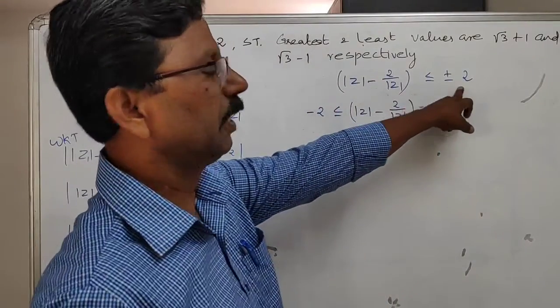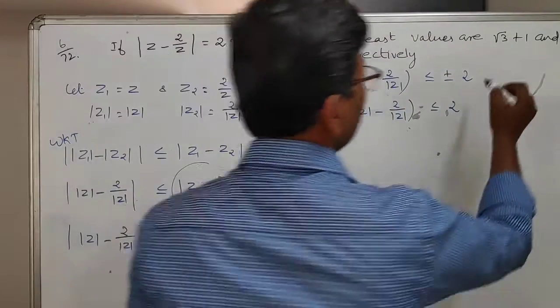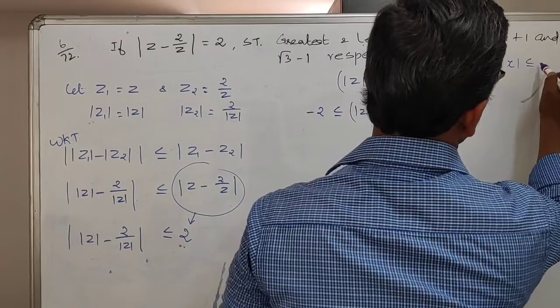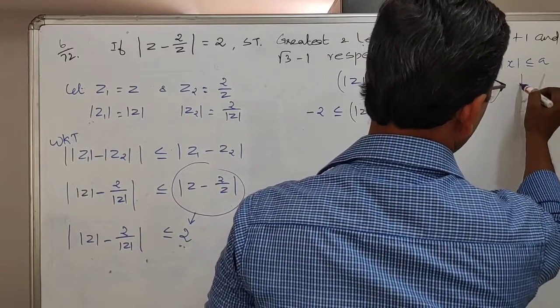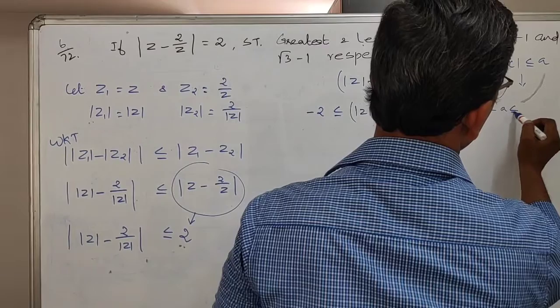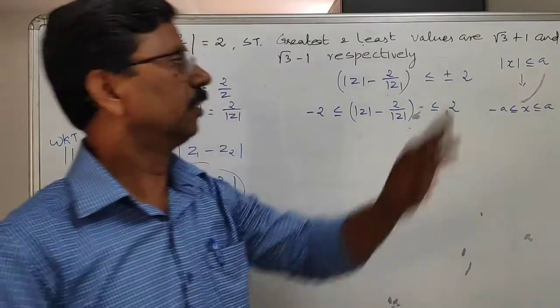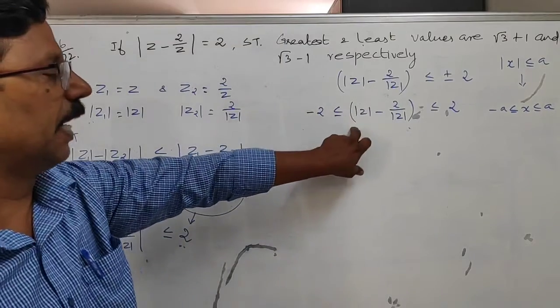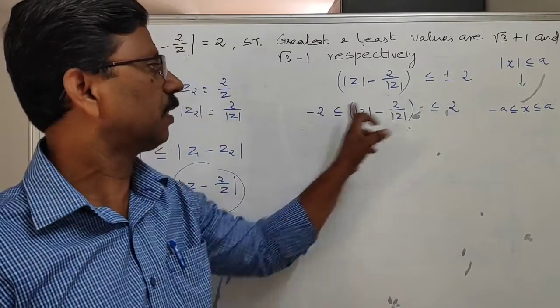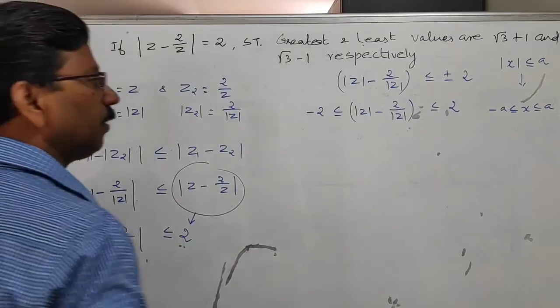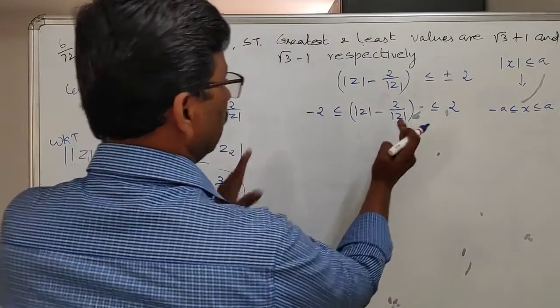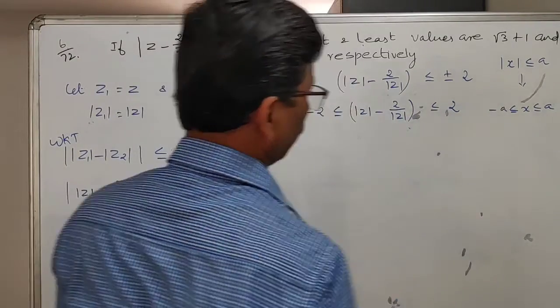We have already studied in 11th standard that modulus x less than or equal to a means minus a less than or equal to x less than or equal to plus a. Likewise, you can write like this, with a minus and a plus. That's all. Now consider this one part and this another part.